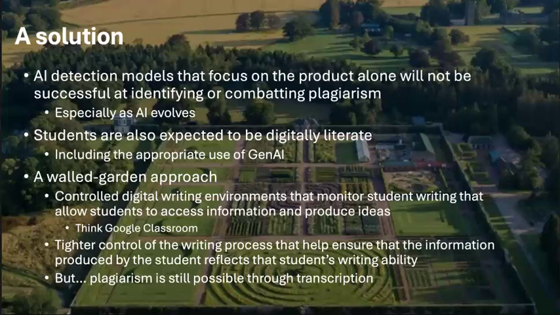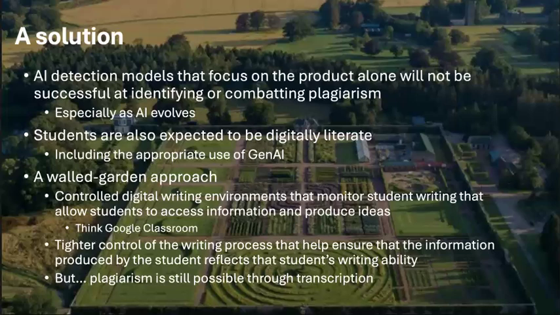And so some folks have started talking about a walled garden approach. This is basically the use of controlled digital writing environments that monitor student writing, but also allow students to access information and produce ideas. So almost like Google Classroom, if you ever used that before. It provides a tighter control of the writing process, and it helps to ensure that the information produced by the students reflects that student's writing ability.